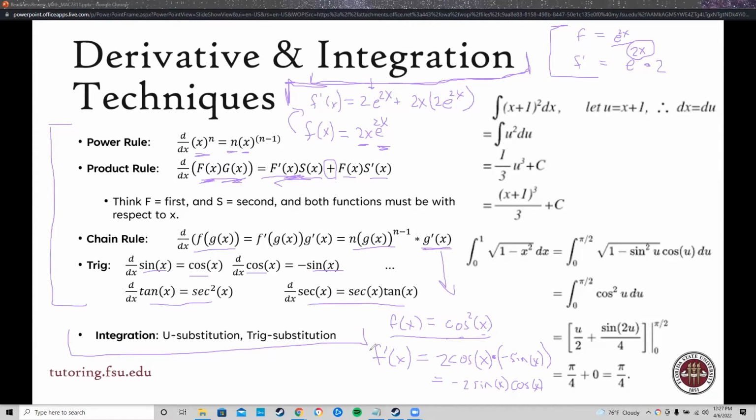All right. Now let's double check this by doing it the other way that I've hinted at. We can actually rewrite this function, instead of cosine squared of x, as cosine of x times cosine of x, right?